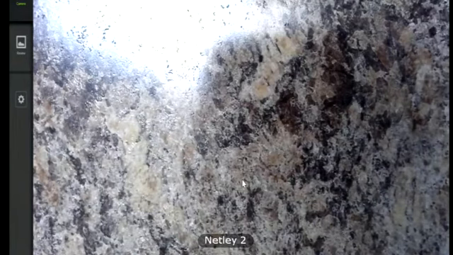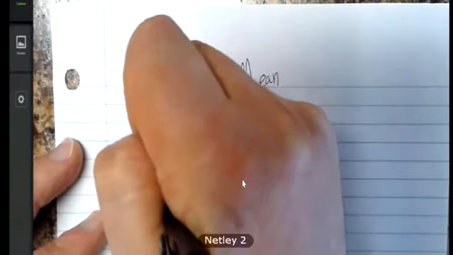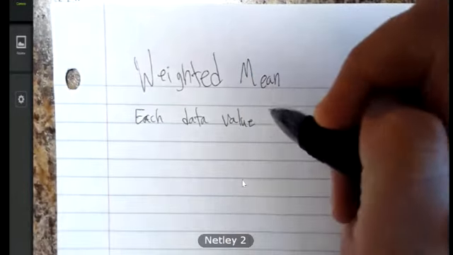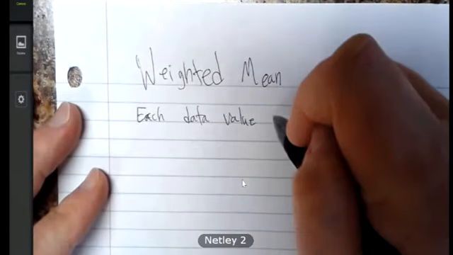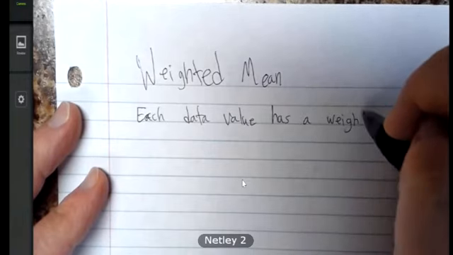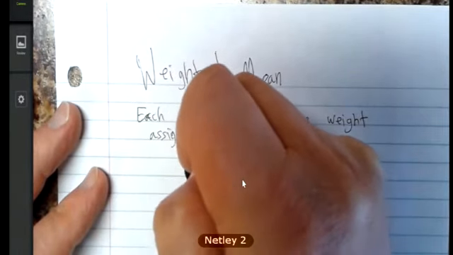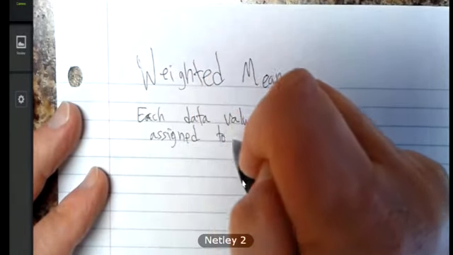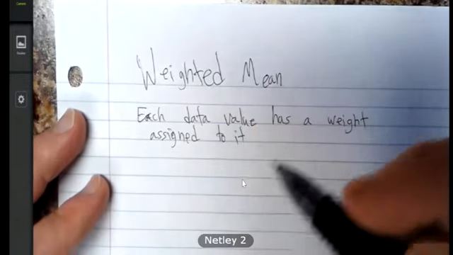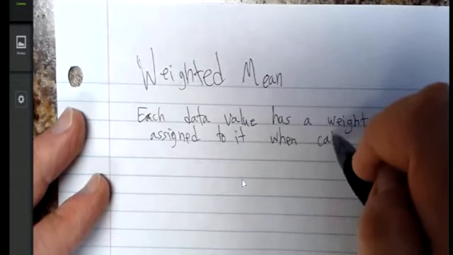Weighted mean is defined as follows. Each data value has a weight assigned to it when calculating the mean or the average.